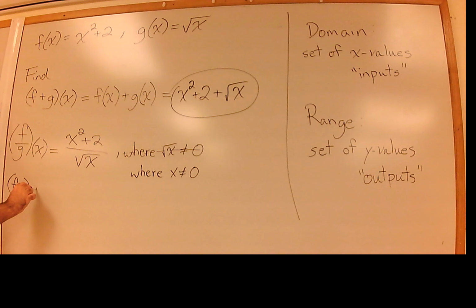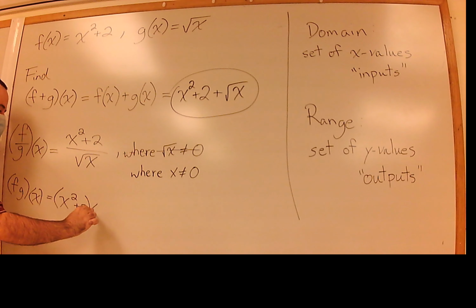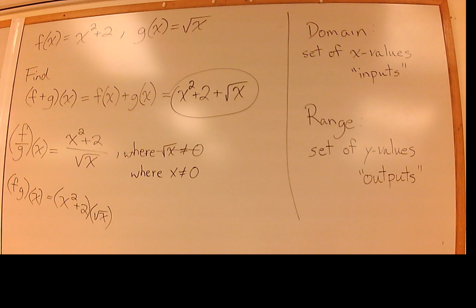Do one more, not any harder, but if you try to simplify, it can make it a little messier. What about f times g of x? That's x squared plus 2 times square root of x. And most of the time, you're okay just leaving it just like that.